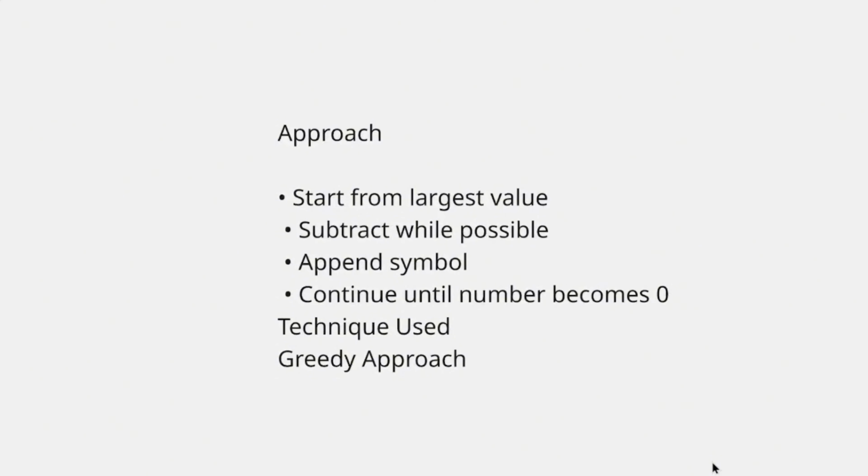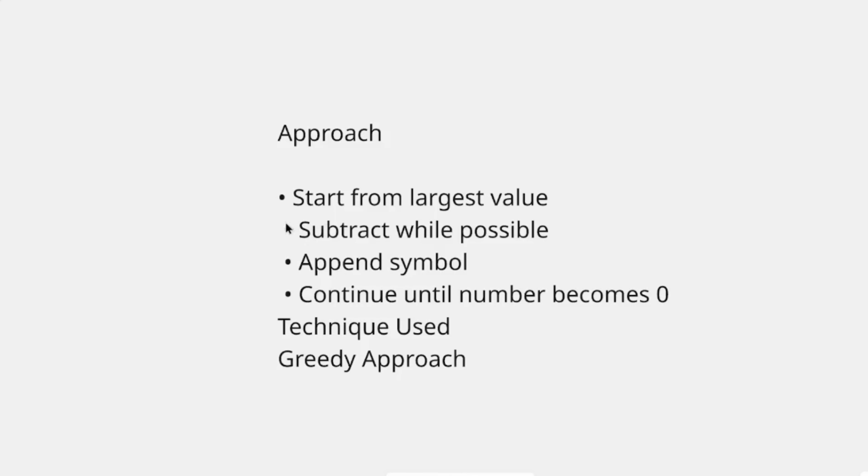Let's see the approach here. Start from the largest value and subtract while possible, append the symbol, and continue until the number becomes 0. Here our technique is the greedy approach. In the first step, we store all the values and symbols in an array or a hash map.